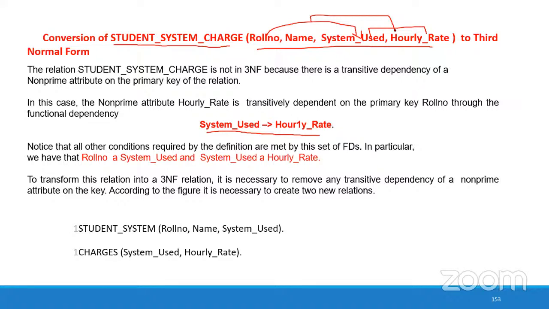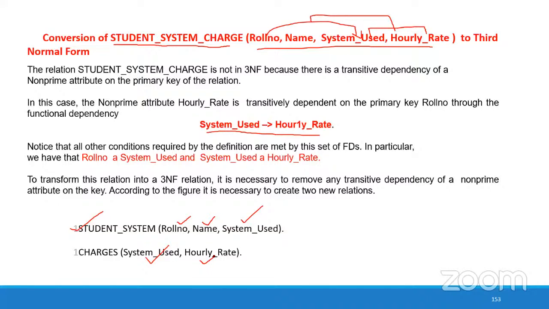How are we going to avoid it? We avoid it by dividing this relation schema into two relations. One relation is student system, including the attributes roll number, name, system used. The other is charges, with system used, hourly rate.